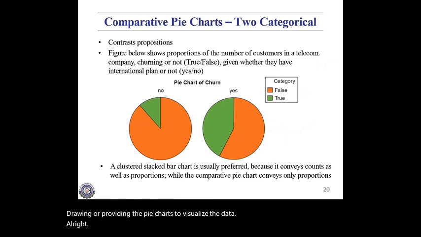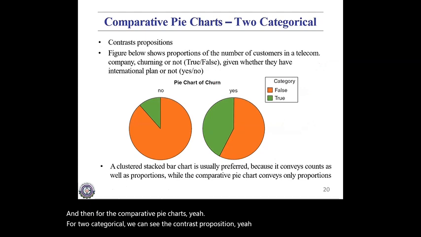And then for the comparative pie charts, for two categorical variables, we can see the contrast in proportion.